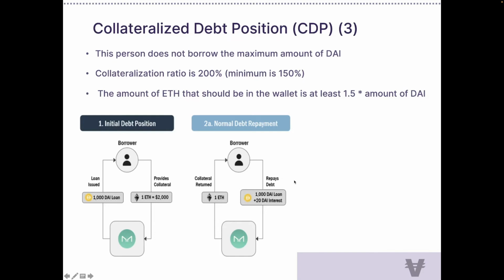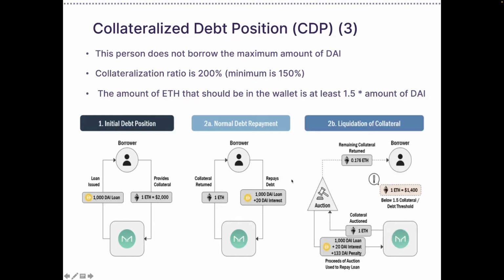But then I also want to visualize the whole event of liquidation. In this case, we have a small bear market where the price of 1 ETH goes from $2,000 to $1,400. Of course, that's below the collateral threshold, which would have been 1,500, as they borrowed only 1,000 DAI.